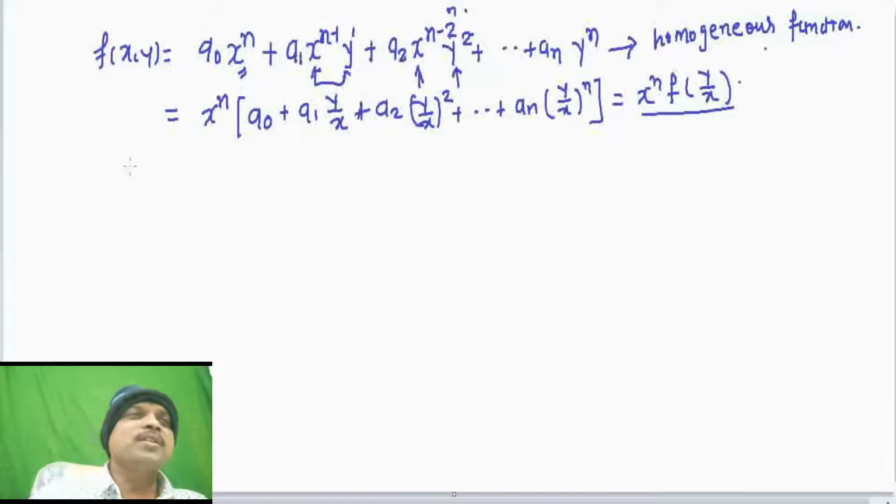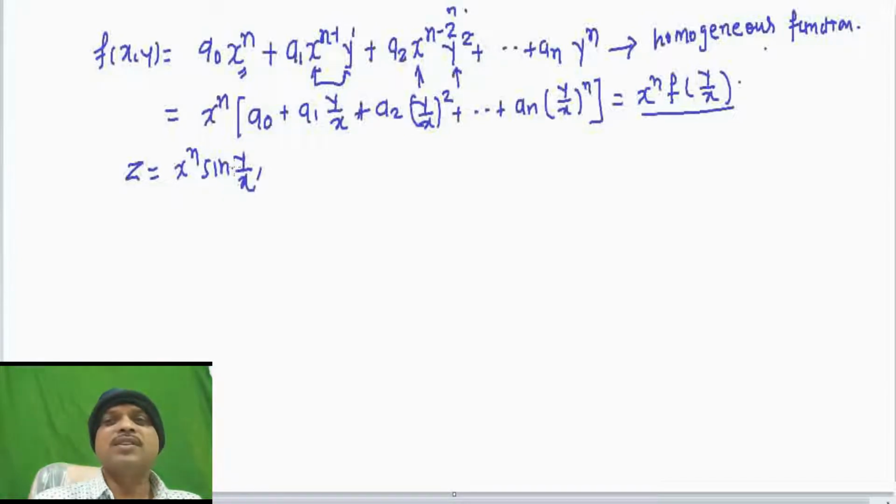For example, if we consider z equal to x raised to n into sine of y divided by x, it is a function of degree n.